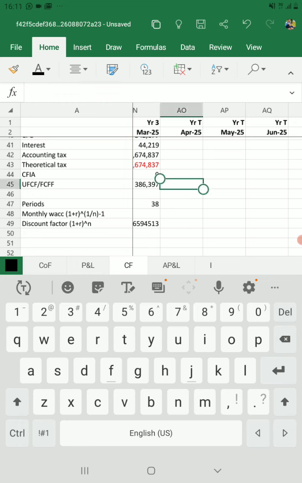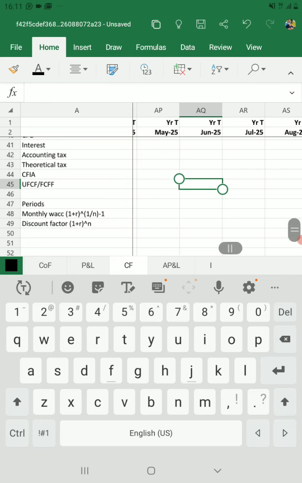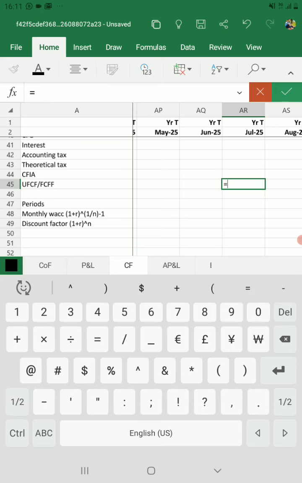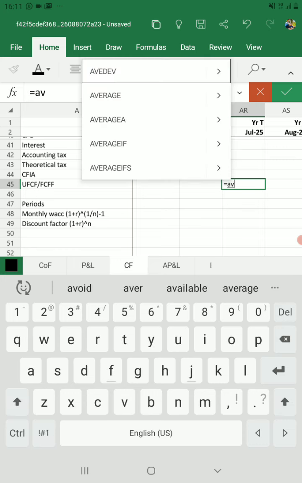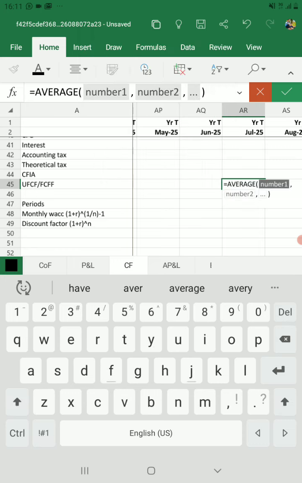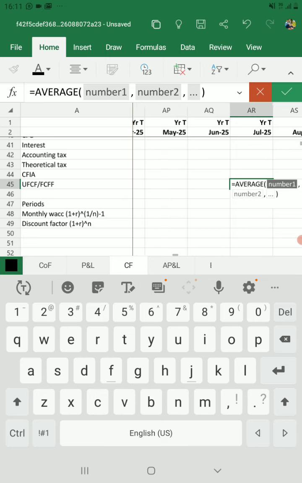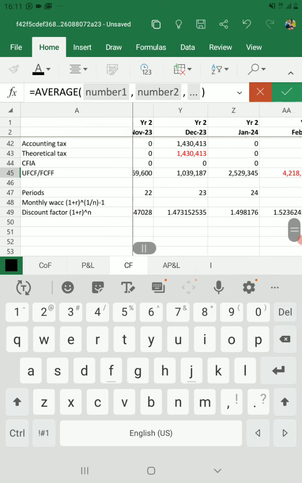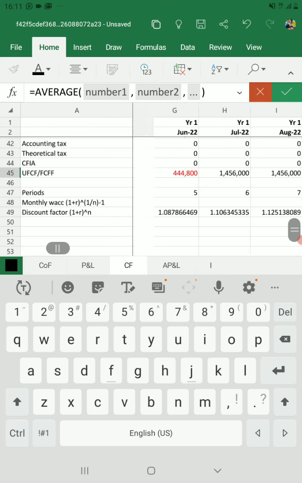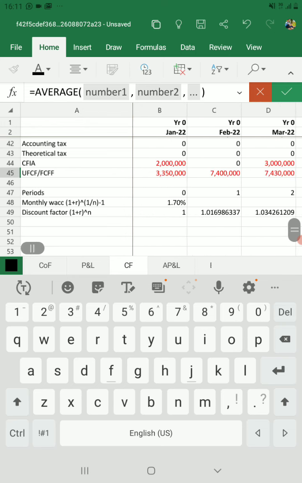Here I will put the computation. So I start with an equal sign and then type the average formula. Okay, so I will take the average of our unlevered free cash flow.